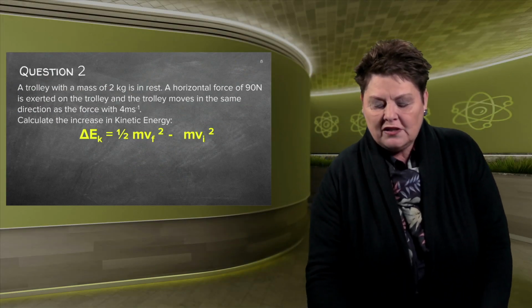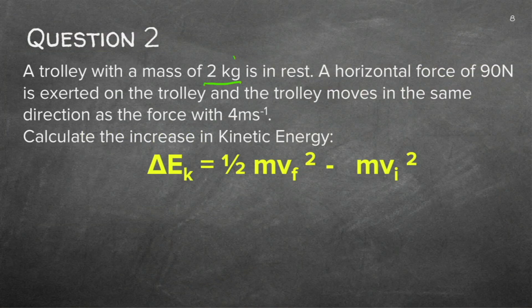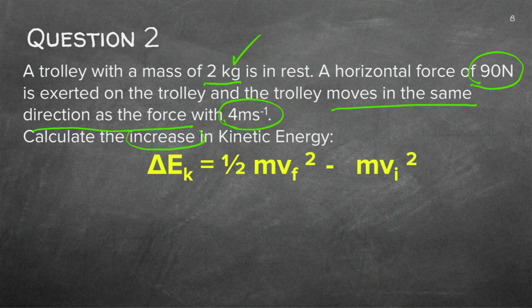A trolley with a mass of 2, so it's already in kilograms, has a horizontal force of 90 newtons exerted on the trolley. Right, so we're pushing this trolley and it moves in the same direction as the force and it's got a velocity of 4. They now ask me, what will the change or the increase in kinetic energy be?